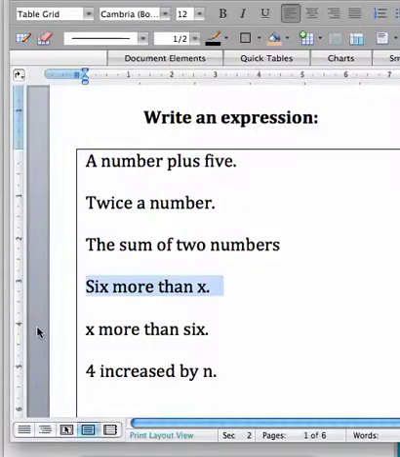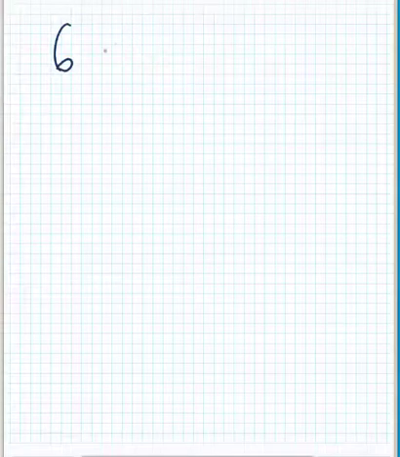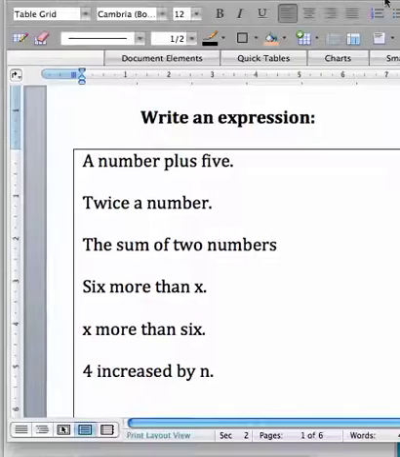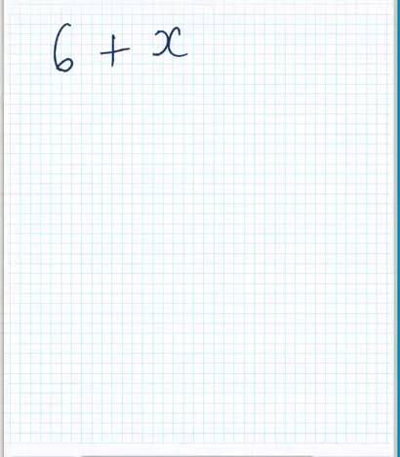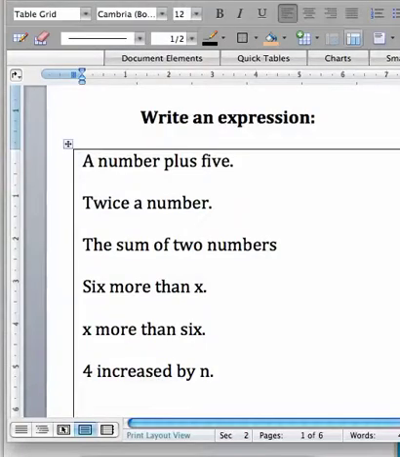So 6 more than x, I'll show you the question again. 6 more than x, what students usually do is they write 6 more than means, well, plus, doesn't it? If I have 5 more than something else, I'm adding. So they'll go 6 plus more than x. Okay? Now, this is actually written incorrectly because 6 shouldn't be first.